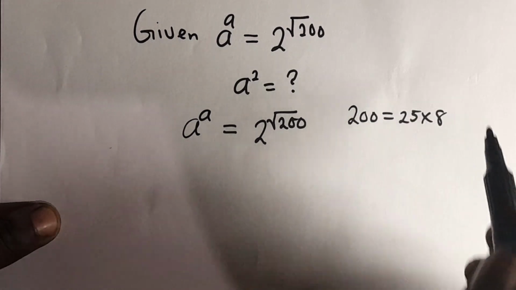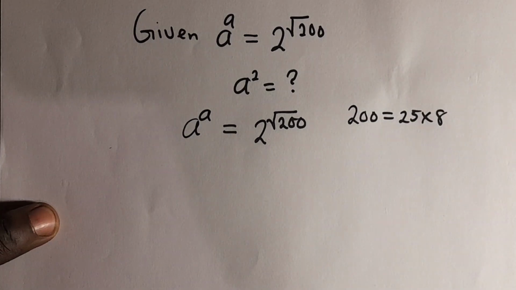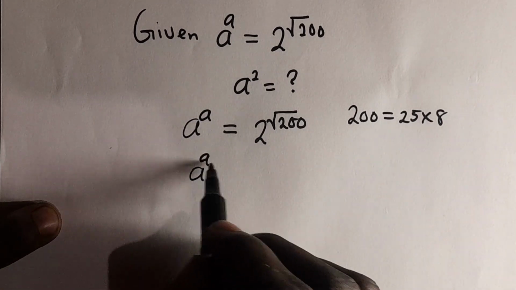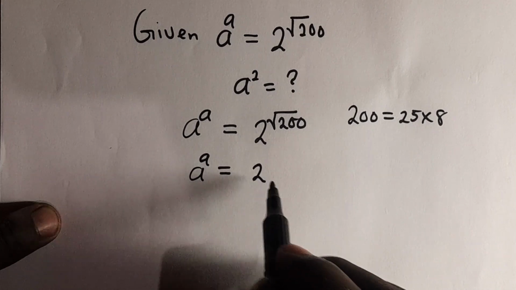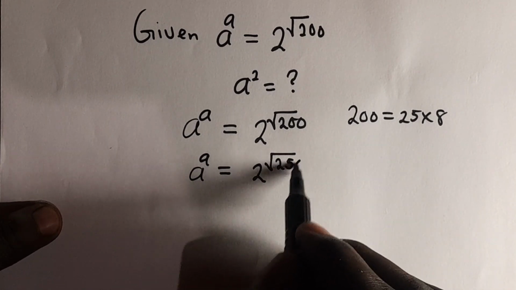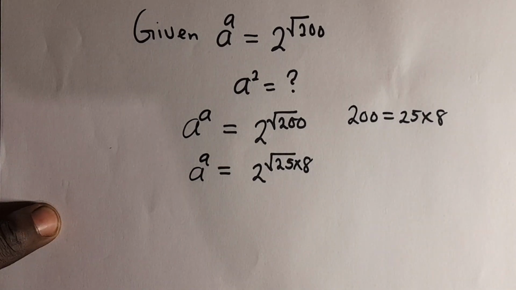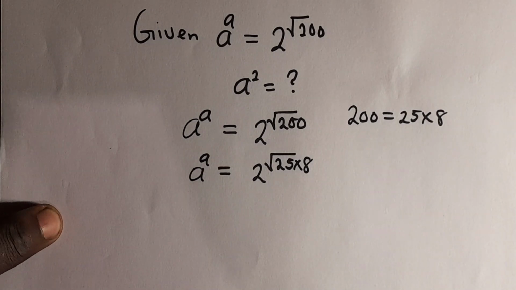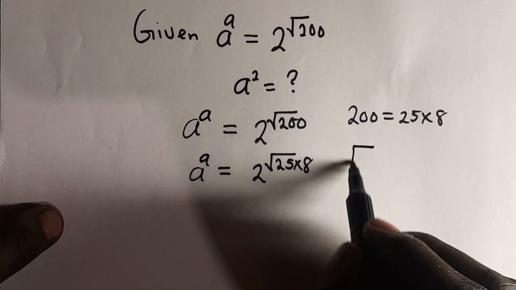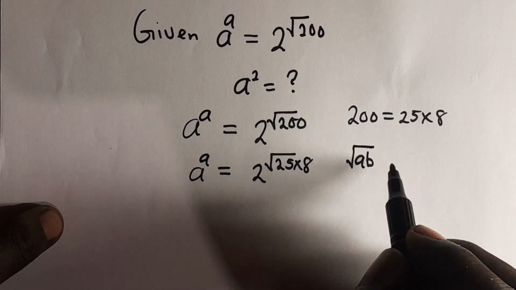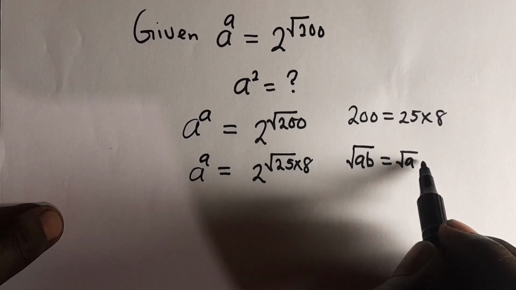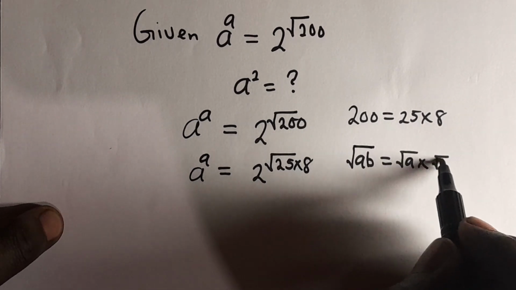25 multiplied by 8. Now, by substituting that one here, we are going to have a raised to power a to be equals 2 raised to square root of 25 multiplied by 8. And we believe that in short, when you have square root of ab, this can be simplified to be square root of a multiplied by square root of b.